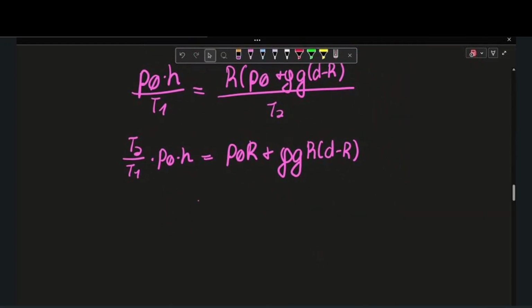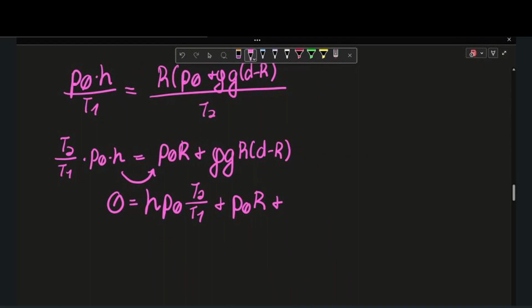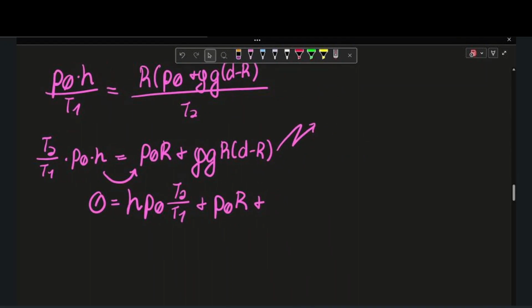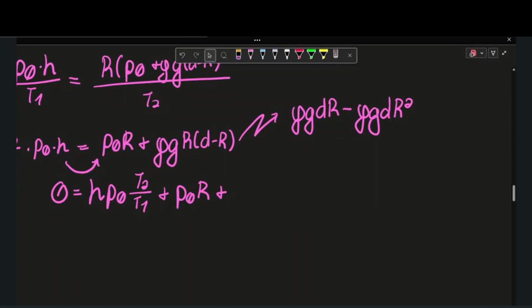Cool. Then we'll bring this term to the other side, and you'll see why after. It becomes P naught H times T2 over T1 equals P naught R plus, we'll do this expansion here, rho g D R minus rho g R squared.